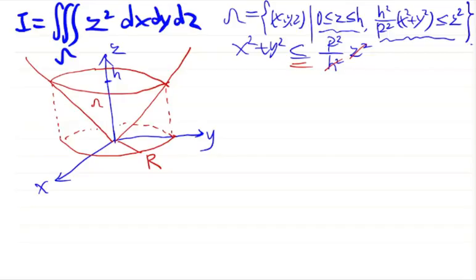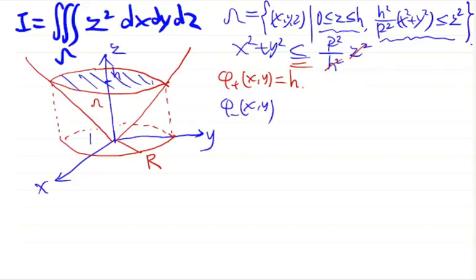So how to compute this integral? The phi plus of xy can be considered as h. That is the upper boundary of the domain. And phi minus of xy, that is the equation of the cone, the surface of the lower boundary. The lower boundary is here. Maybe I change the color.